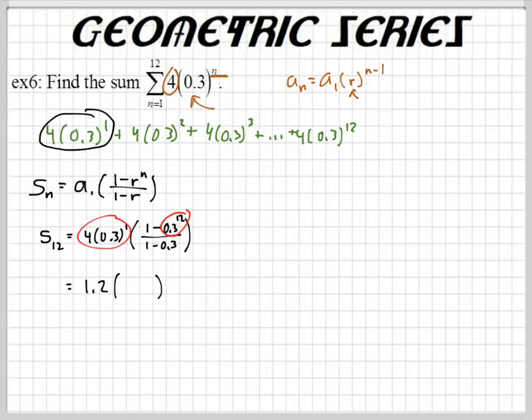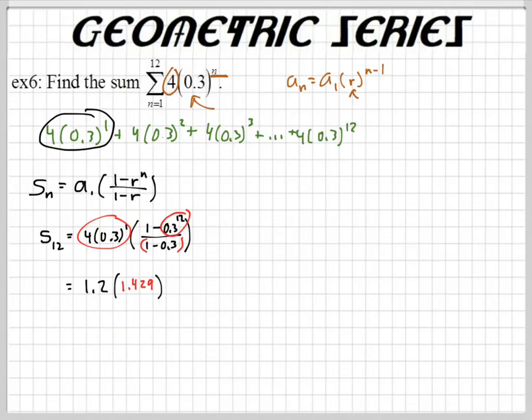Then I would say 1 minus the answer, divided by, and then I would put this in parentheses, 1 minus 0.3, and say equals. And then get an answer. When I did that, I got 1.42.